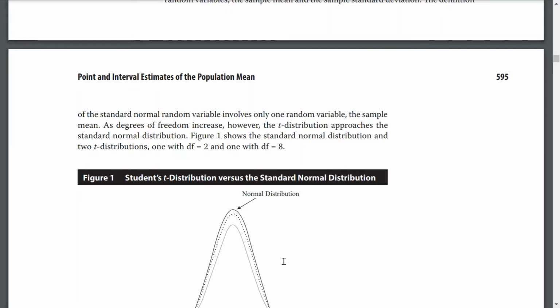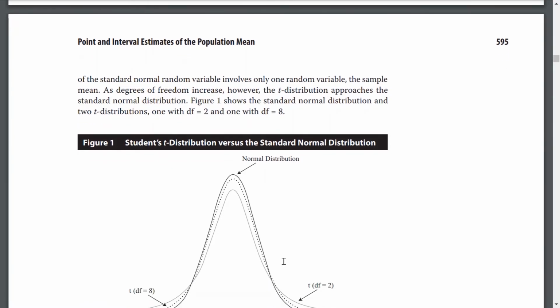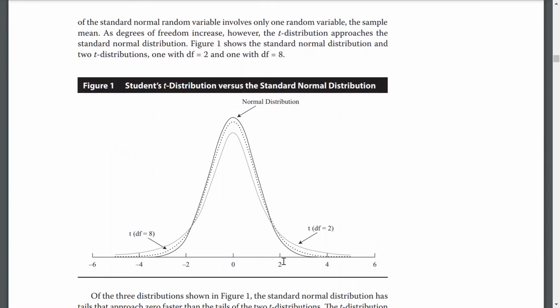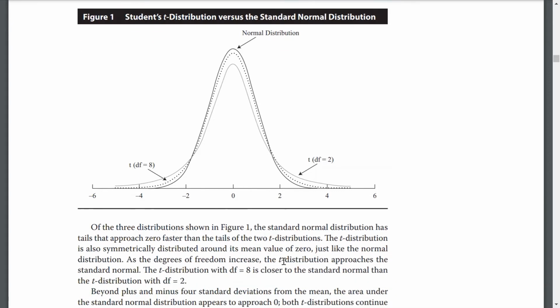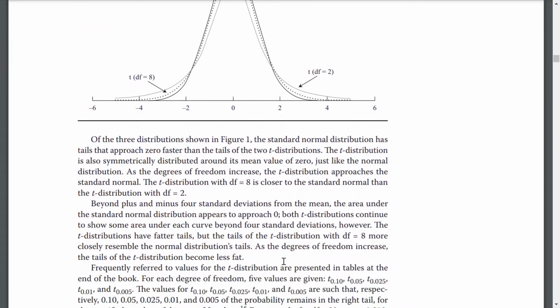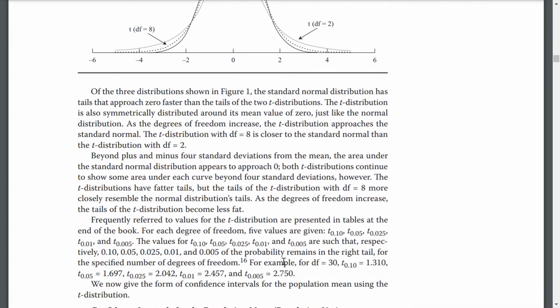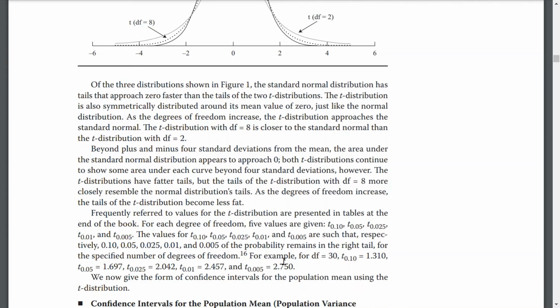Figure 1 shows the standard normal distribution and two t distributions, one with df equals 2 and one with df equals 8. Student's t distribution versus a standard normal distribution: three distributions are shown in Figure 1. The standard normal distribution has tails that approach 0 faster than the tails of the two t distributions.